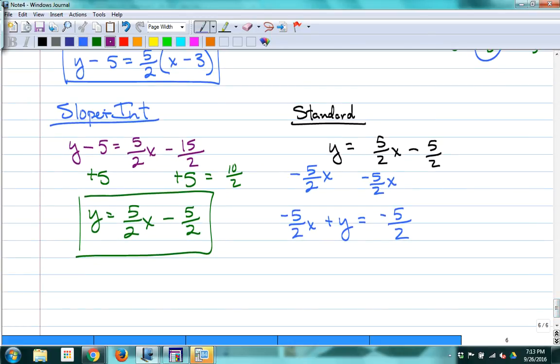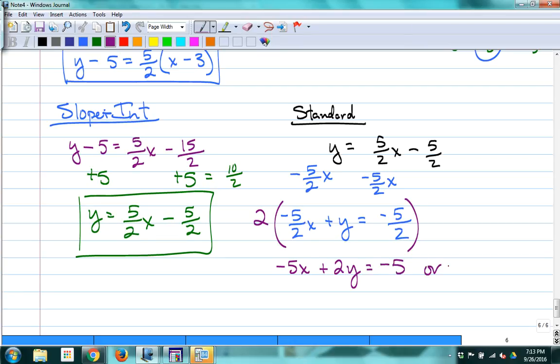Now what? Multiply by 2. Why are you multiplying by 2? Yeah. Common denominator, get rid of the fractions. So I'm multiplying everybody by 2. It gets me negative 5x plus 2y equals negative 5.